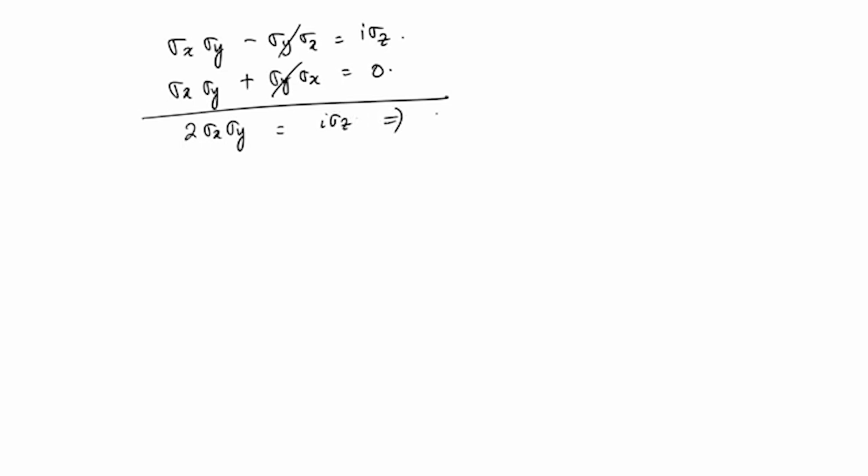So, that tells you that sigma x sigma y is equal to i sigma z. So, if you take the two matrices and multiply them in this order, of course, you have to maintain the order, because in matrix multiplication the order needs to be respected.